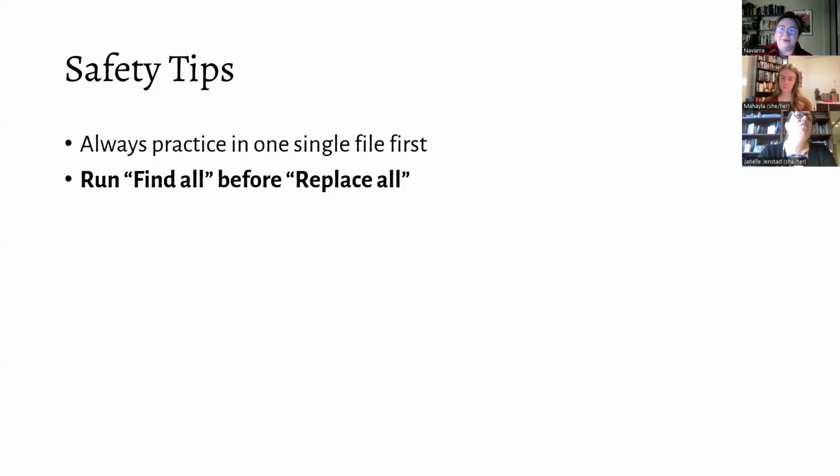You'll also always want to click Find All before you click Replace All. Check that you're matching with what you want. Oxygen will put at the bottom of the screen all of the things that you've matched with. Make sure that those are what you think you're looking for and not what you're not looking for. It will also show you the number of things that it finds.